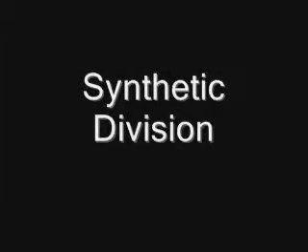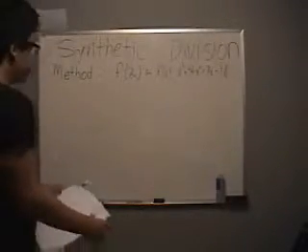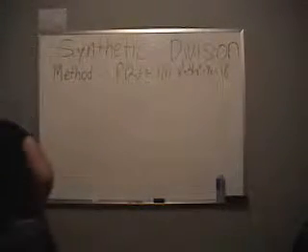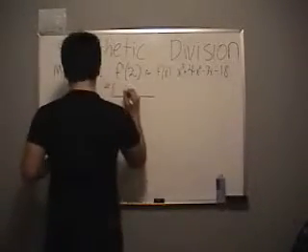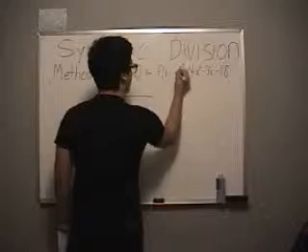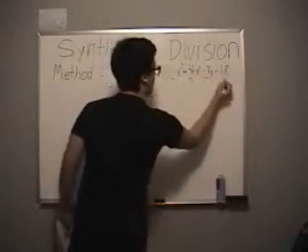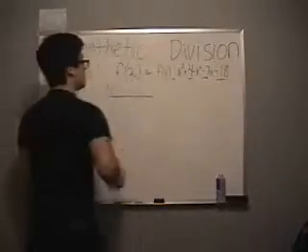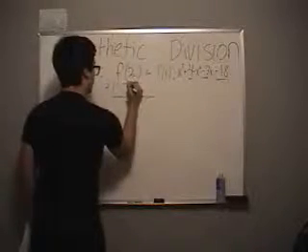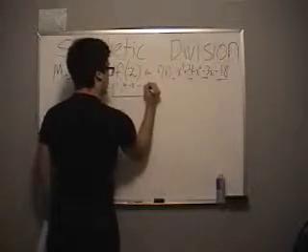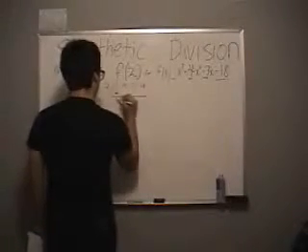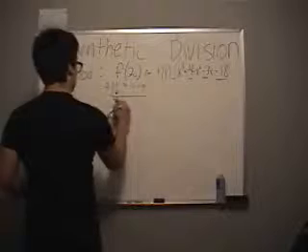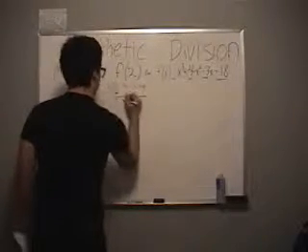Synthetic division. For synthetic division, you'll have to set up a small chart where you put your first number, which is f(x), or in this case 2. You fill in the chart with the first number of every term in your equation. Then 2 is multiplied by the first number, and then by the next, and the next, and the next, until one of the numbers adds up to 0.